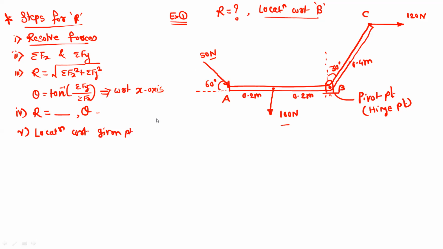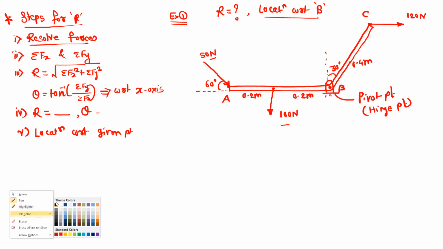In case of a general force system, just remember one point: when the force acts on a lever or on a beam, resolve the force only at the point of contact. So this is the point of contact of this force with this lever. So resolve the force at this point only.